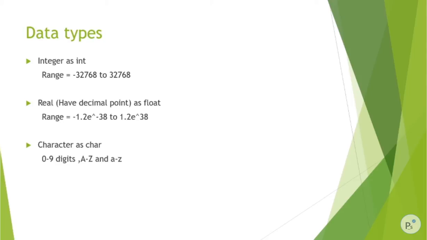The real value means a number which contains a decimal point, like 91.6. That's the real, meaning decimal value. And character means a character which can contain 0 to 9 digits, or capital A to capital Z, or small a to small z.